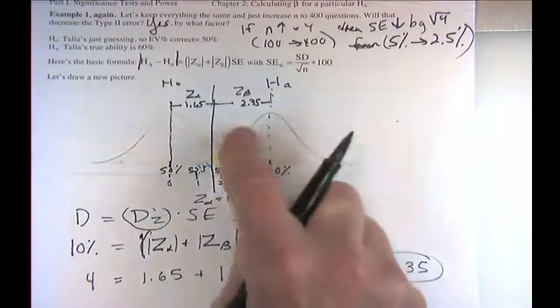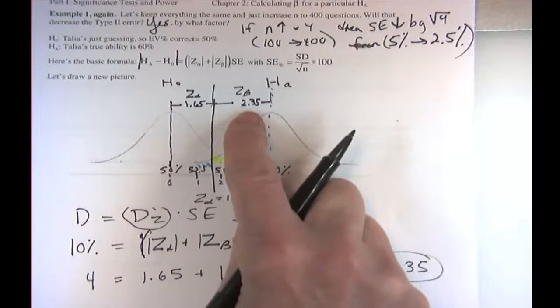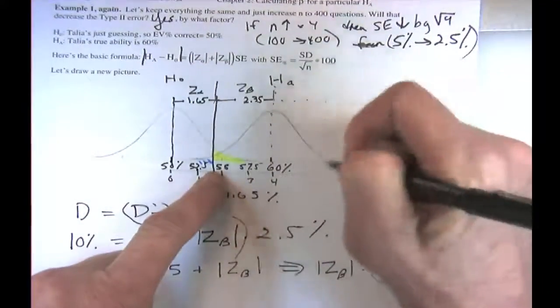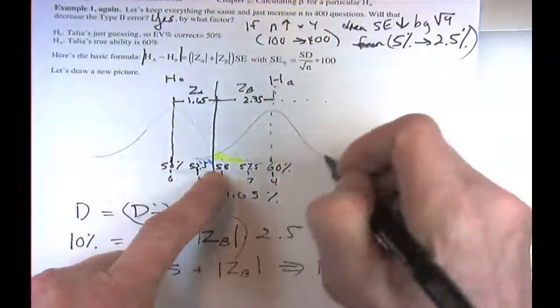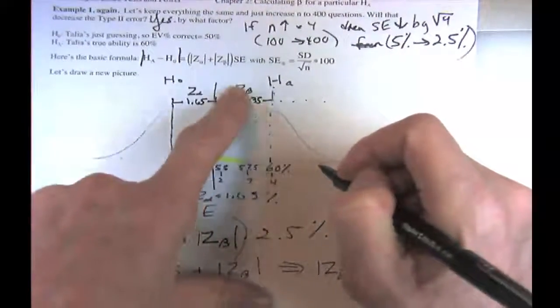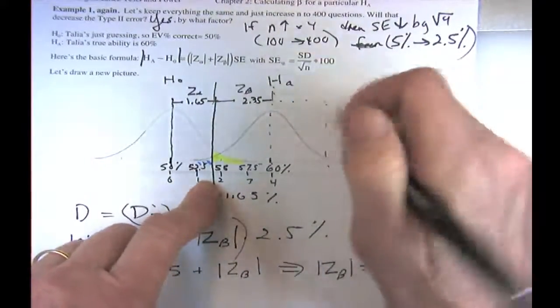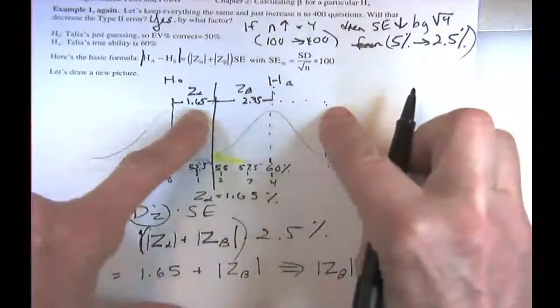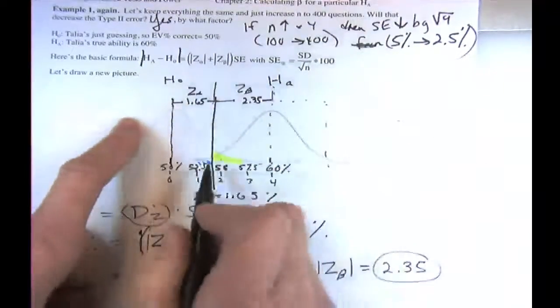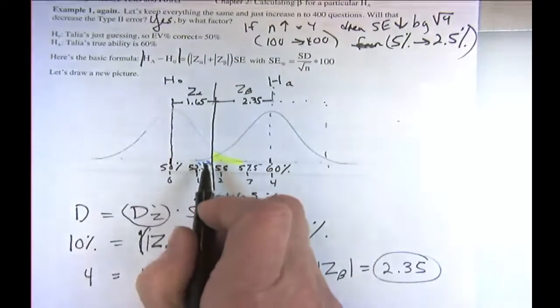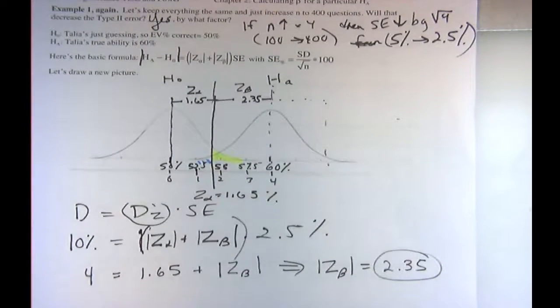So we just want to find, you can look this up. This will be our middle area between 2.35 and, this is really negative, but that's why I'm doing the absolute value here, and positive 2.35. We'll find that middle area, and that little piece will be the tail. So let's just go to the back of the book, and let's just do that.